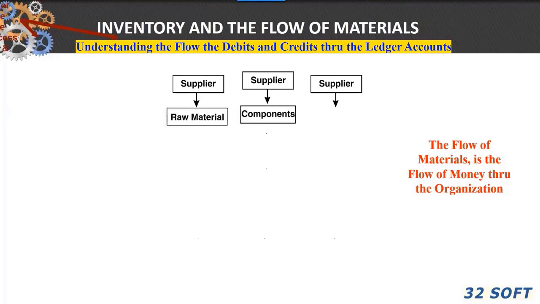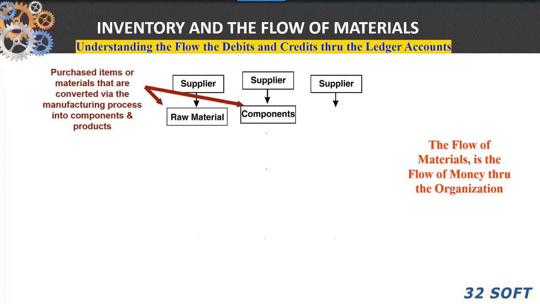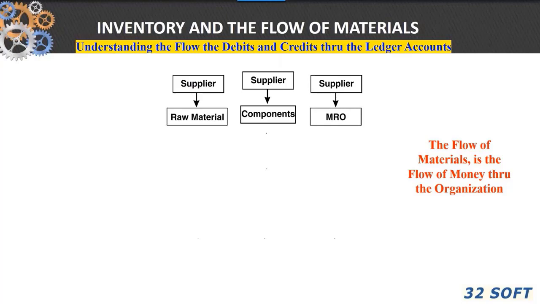We buy raw materials and components, and those are purchased so that we can convert them into work in process. We buy MRO items, and that debits accounts payable, because we've got to pay the suppliers, and credits inventory. Remember from our accounting discussions, with double entry bookkeeping you always have to have a debit and a credit for any activity that you have in operations.